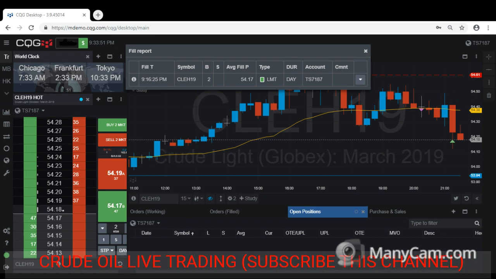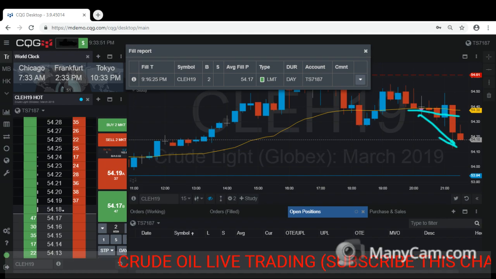As you can see here, my TP area is 54.17. You can see there's clearly this small triangle here. This small triangle is my entry level. From here I go for short, then exit just nice, exactly at 54.17.